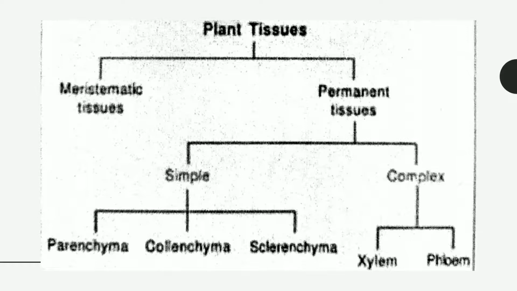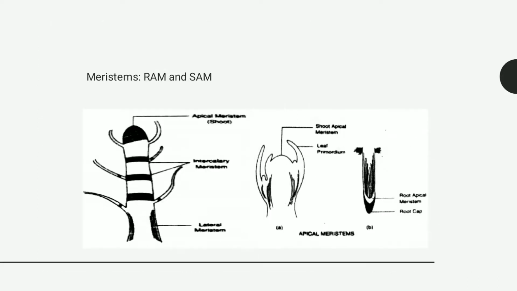As we can see in the diagram, the meristematic cells which are present at the shoot tip are called the apical meristem, and within the stem we have another type of meristem that is called the intercalary meristem.